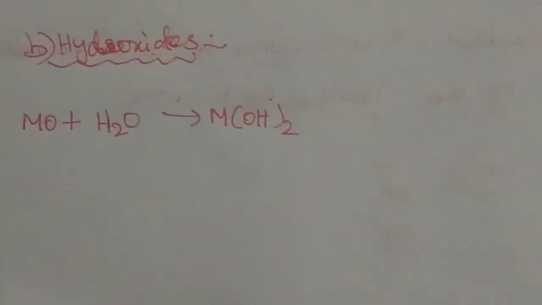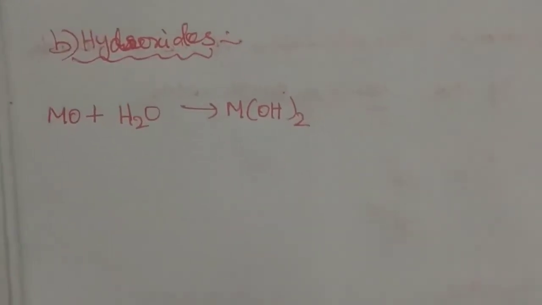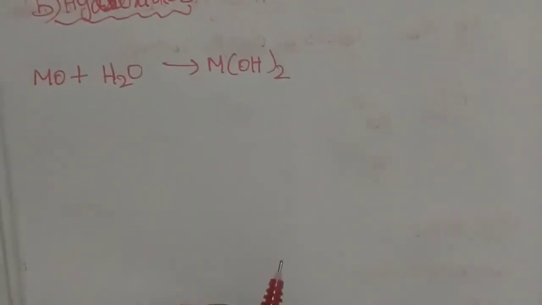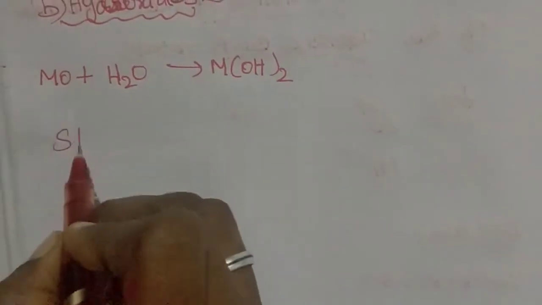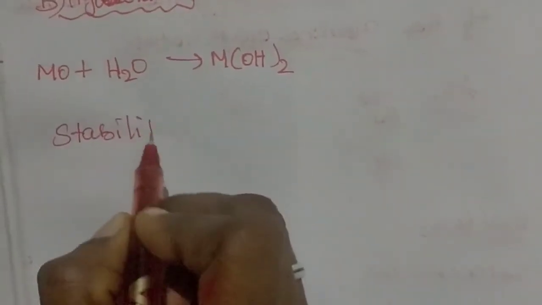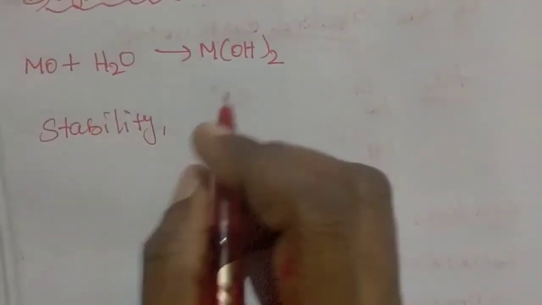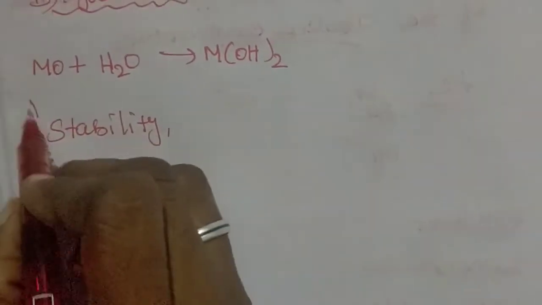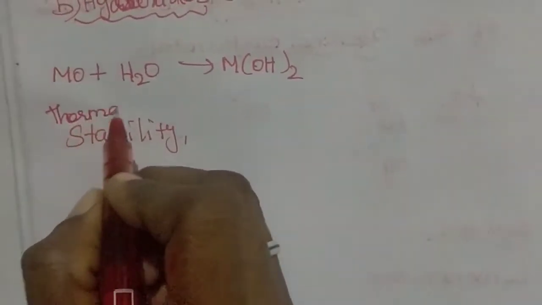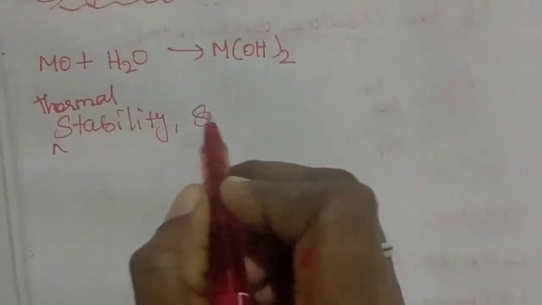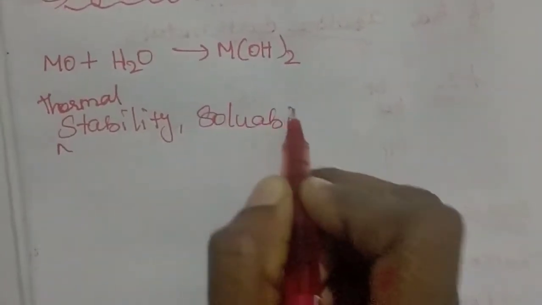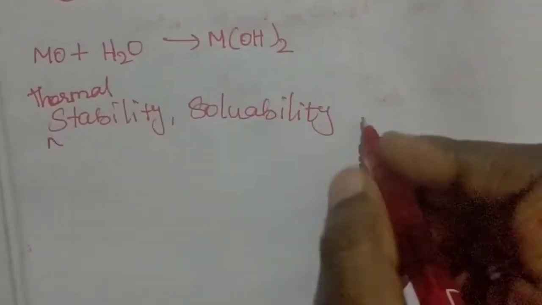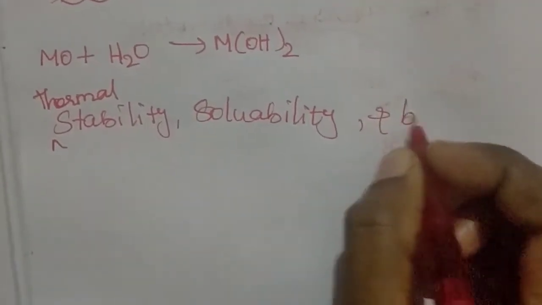Then as we move from top to bottom of the group, the stability, that means thermal stability, and solubility, and the basic character increase.